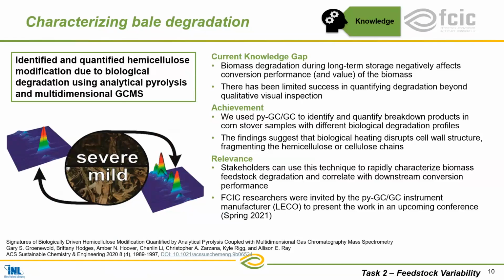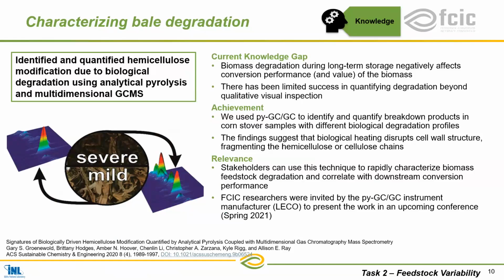We all recognize the difference between a pristine bale, a mildly degraded bale, and a severely degraded bale. Not only the dry matter loss, but the difference in the fact that the bale handles differently. This work was a first step toward quantifying the organic products that get produced during that degradation step.